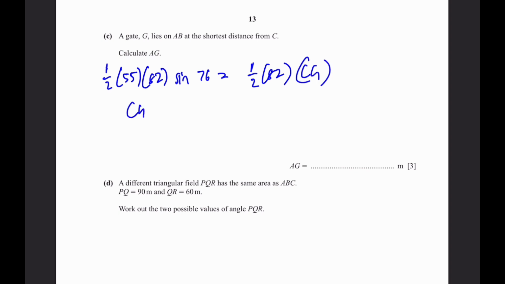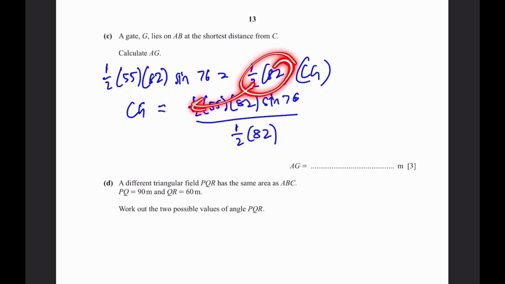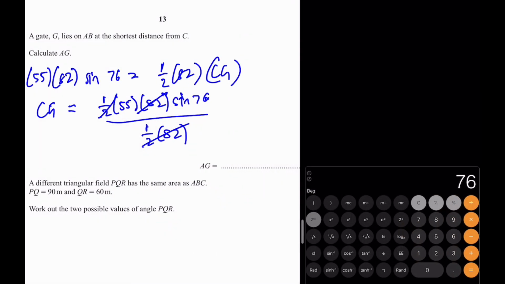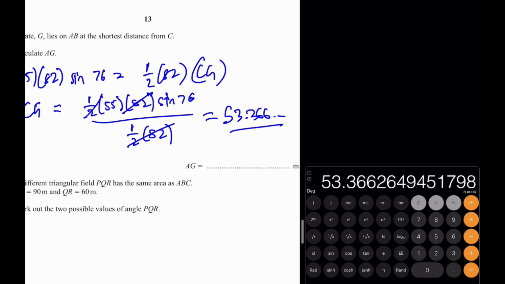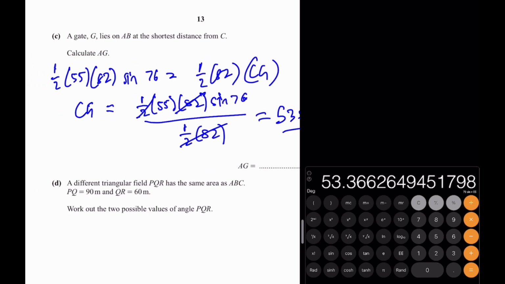Now CG is going to be half times this 55 times 82 times sine 76, dividing by half times 82, because you bring these to the other side. Now we cancel out this, and 55 times sine 76 is, using our calculator here, 53.366. And of course this is in meters.